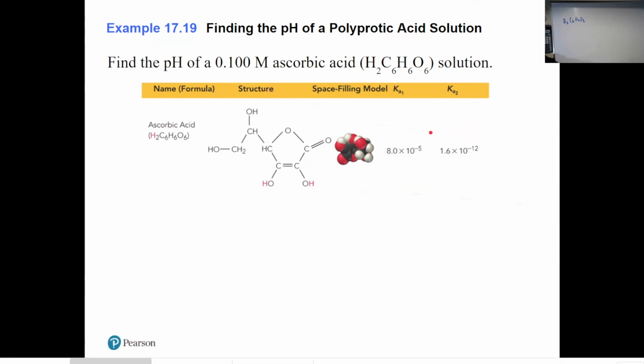Just like when we were looking at mixtures of weak acids previously, when we're looking at a polyprotic acid solution, the larger Ka value is going to dominate in terms of the pH of the solution. So even though it has two ionizable hydrogens, the Ka value of the first hydrogen is going to be the one that determines the pH. So this is the one that we have to calculate for.